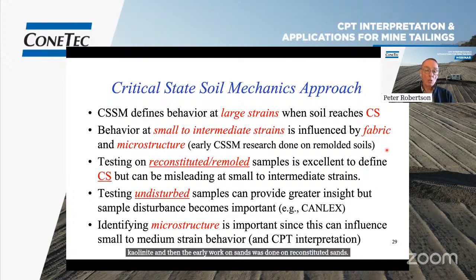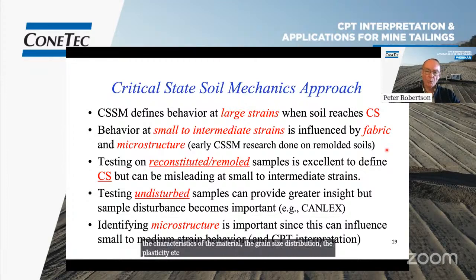And so, research has shown that you can test either reconstituted or remolded soils to get an excellent definition of critical state or the critical state line. But it can be misleading at small to intermediate strains. And so, people like Atkinson and others have said that you can actually estimate the critical state line just based on the characteristics of the material, the grain size distribution, the plasticity, etc., all can give you an idea of what the critical state is because it's independent of fabric.